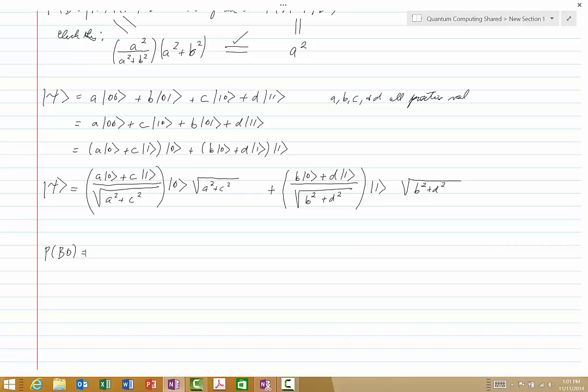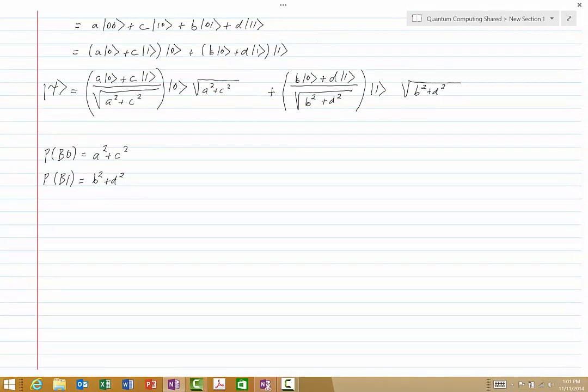So probability that Bob measures 0 is this squared, so we have A squared plus C squared. Probability that Bob measures 1 is B squared plus D squared.